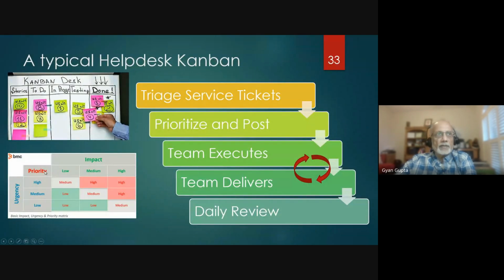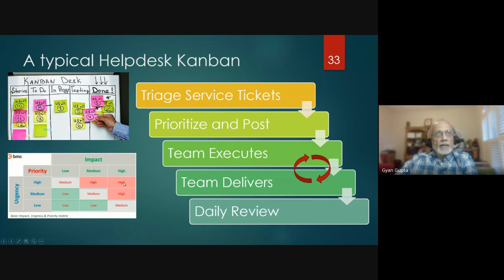Sorry, I tripped myself. This is the impact: low, medium and high, and urgency is high. So in the case of a teller locked out, that's high impact and high urgency, so it's a high priority.